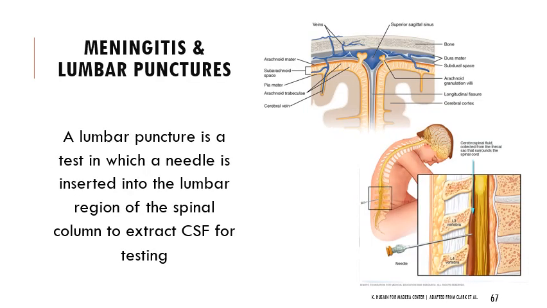So the way that that's done is through a lumbar puncture. Remember, lumbar is the lower back region, those lower vertebrae and the lower spinal nerves. And so a needle is inserted into that lumbar region of the spinal column. Cerebrospinal fluid is extracted and tested to get that clinical profile.